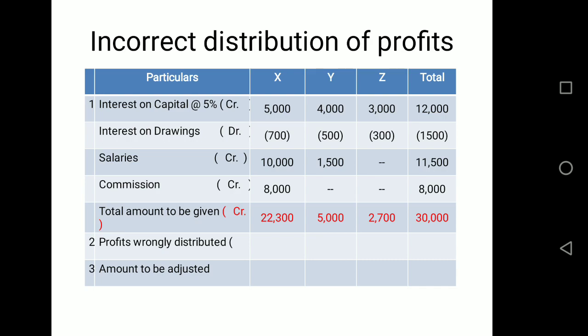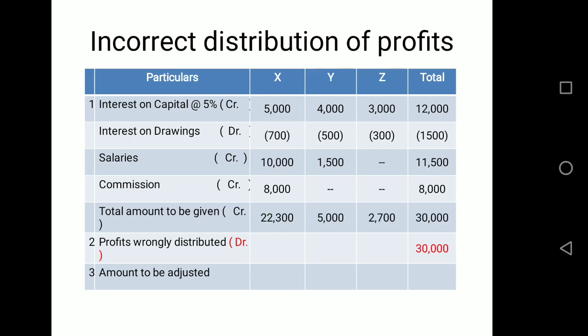Now, this 30,000 is the amount to be given as provisions. And as there was no error in the ratio, we may take this 30,000 as the profit wrongly distributed, and the same amount is to be debited from partners in their profit sharing ratio.